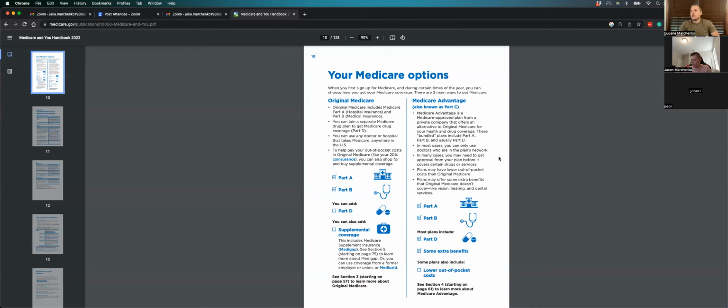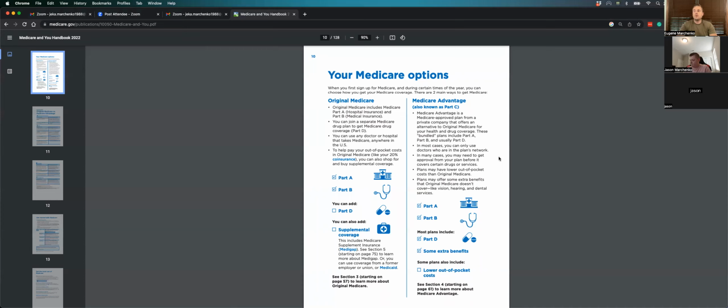Part A covers hospital insurance, so that's anything inpatient. Do you know what the word inpatient means? Yeah, when you're admitted into the hospital. Admitted in, yeah. That's Part A. Emergency room is not an admission to the hospital. Emergency room is actually outpatient.